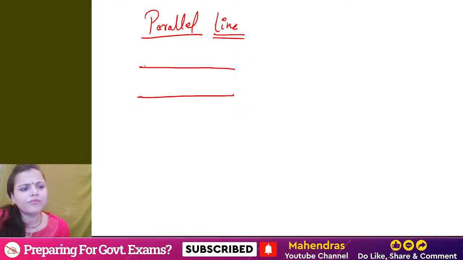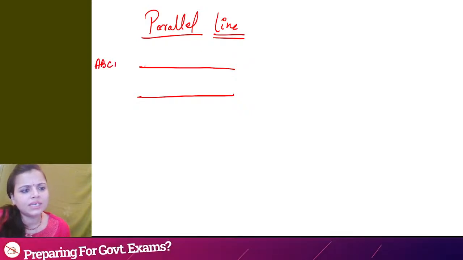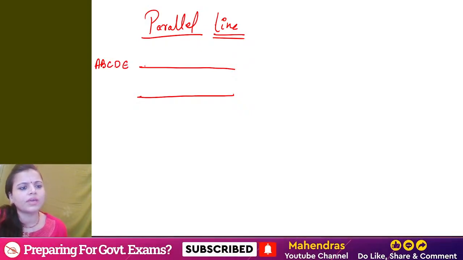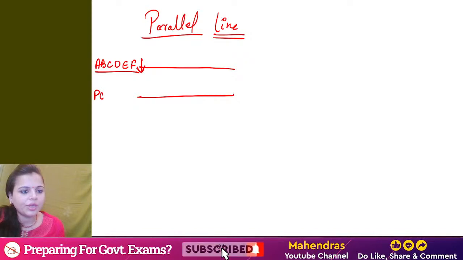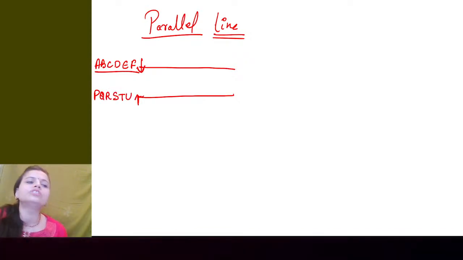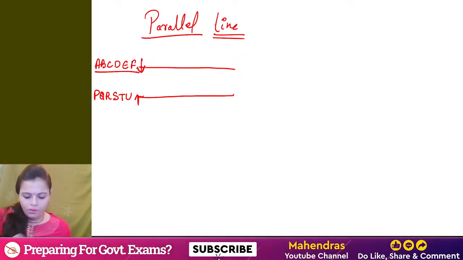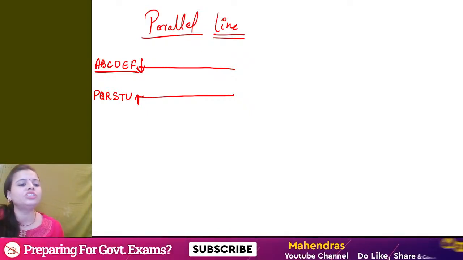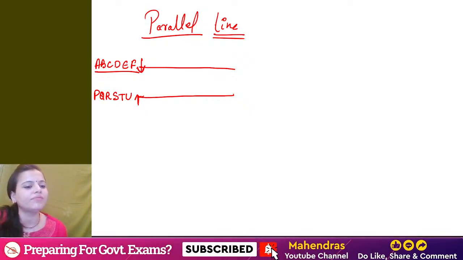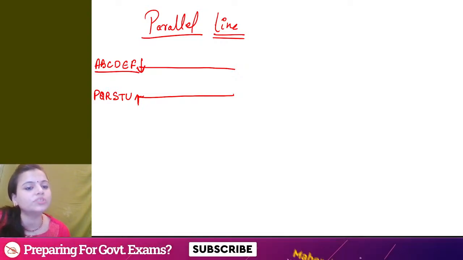Let's say A, B, C, D, E, F are sitting in row 1 facing towards the south, and P, Q, R, S, T, U are facing towards north. All the members are facing each other. They are sitting opposite to each other.